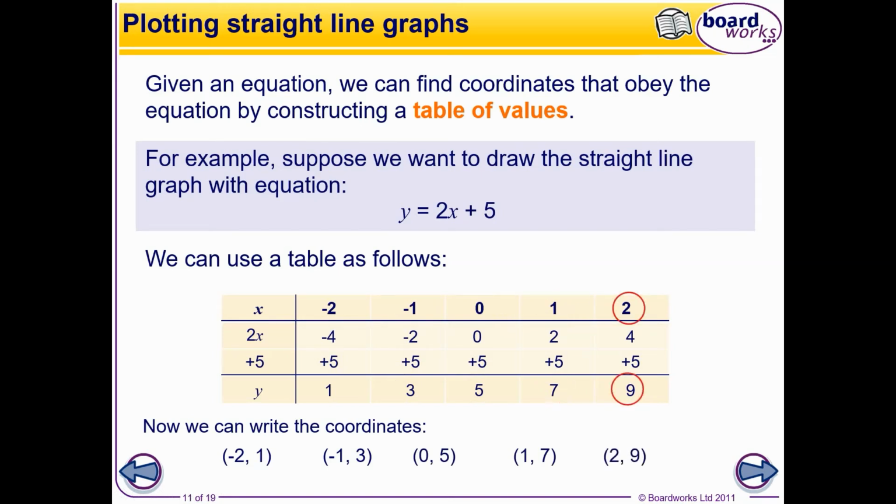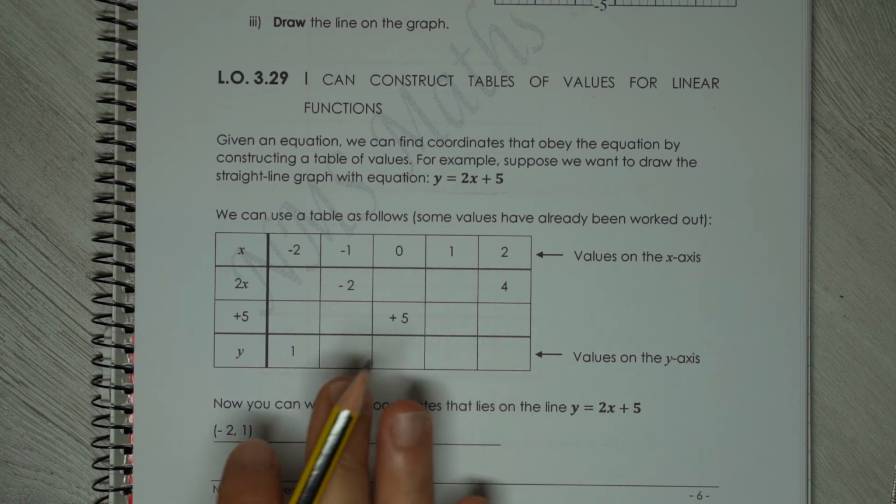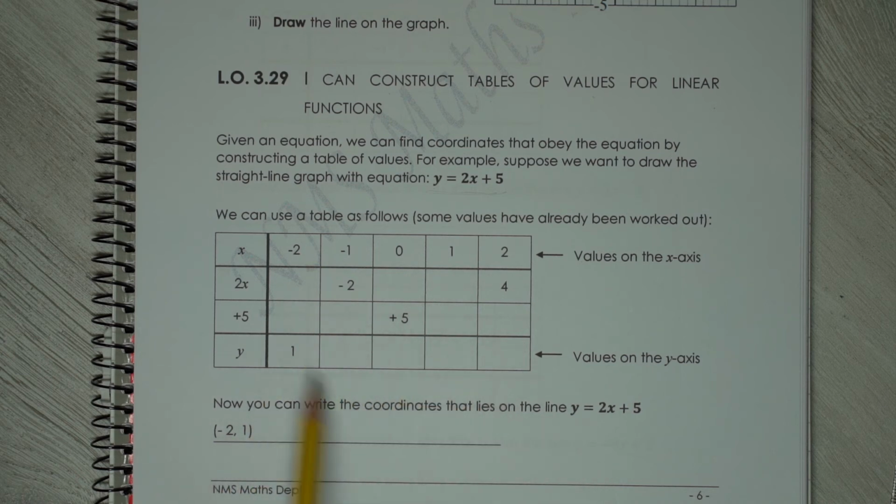Okay. So that is how we find the coordinates from the equation. Here we have an equation, y is equal to 2x plus 5. We used this table to find the coordinates. Now let me take some examples from the notes. As you can see, on page 6, this example is the one that I have just worked out on the presentation.